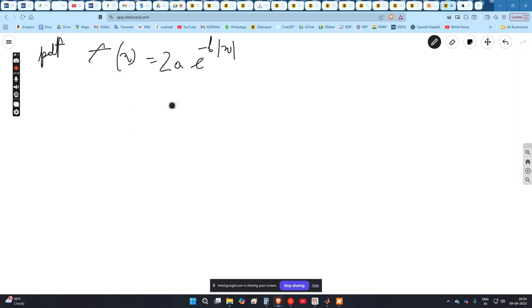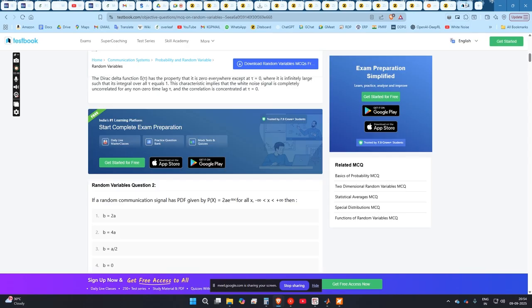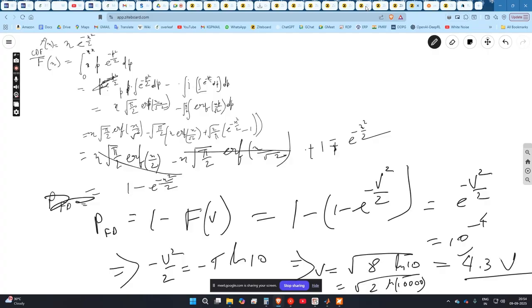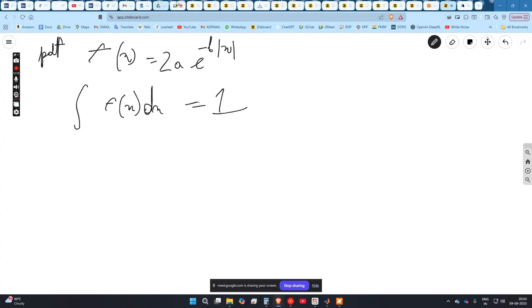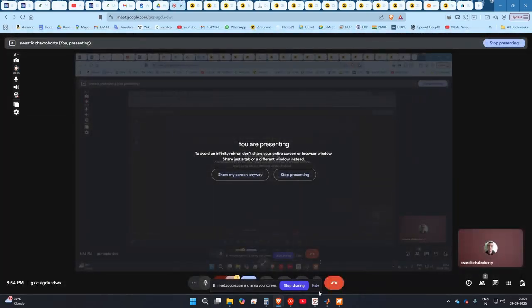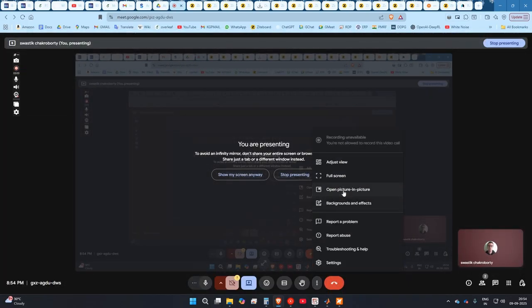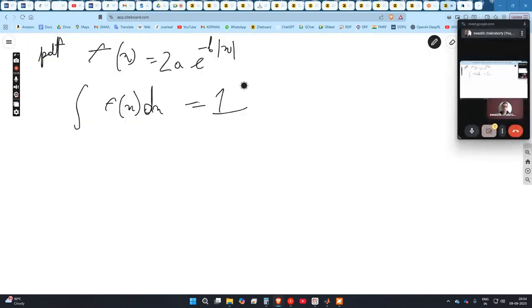Now, for this to be a PDF, as discussed, it has to sum up to 1 over the entire domain. Now, what is the domain? The domain is minus infinity to plus infinity, that is the entire real number line. So we integrate from minus infinity to infinity 2a e to the power minus b mod x dx.